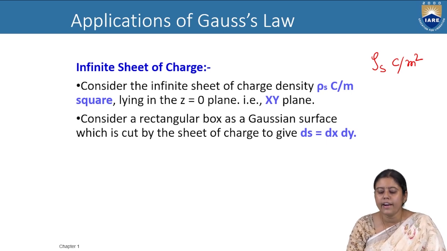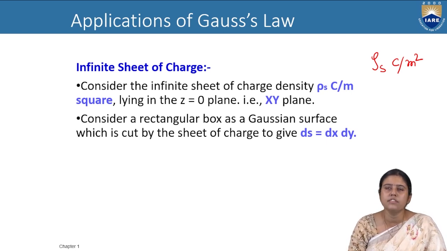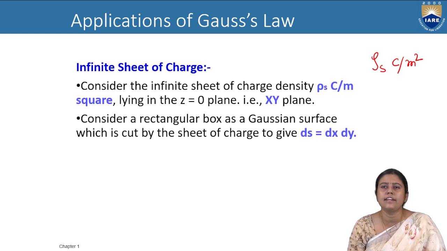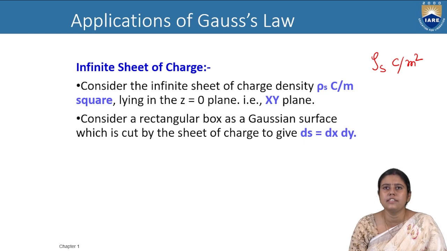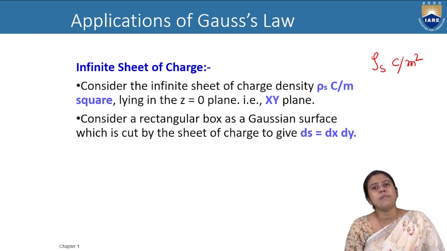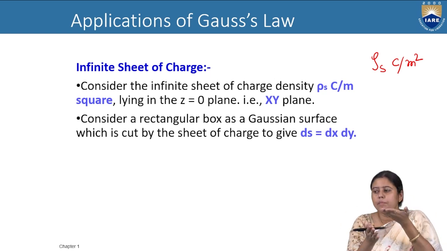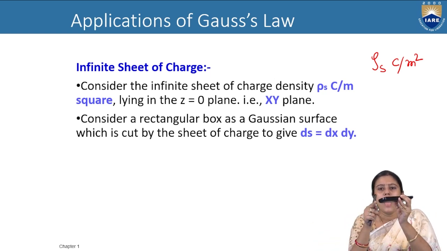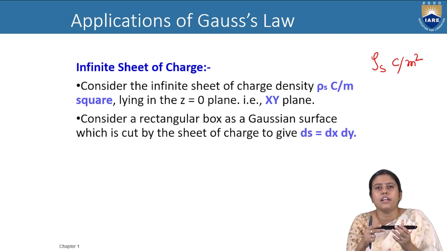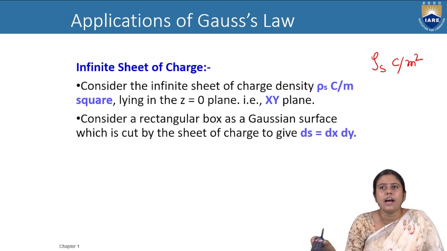So consider a rectangular box as a Gaussian surface which is cut by the sheet of charge, where ds is equal to dx dy. What does it mean? Previously we were thinking about the cylinder, but in this case we will take the example of a box, and if we cut the box in the middle, cross-sectionally, we will get the surface.